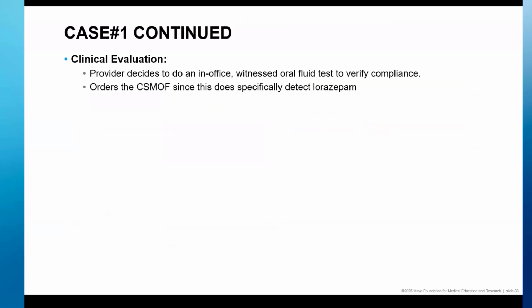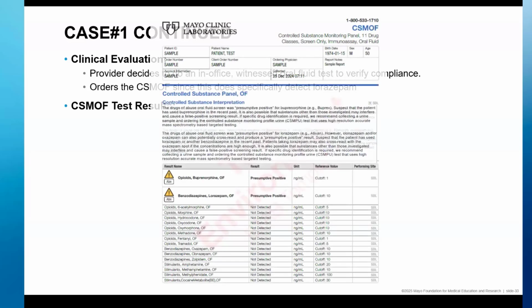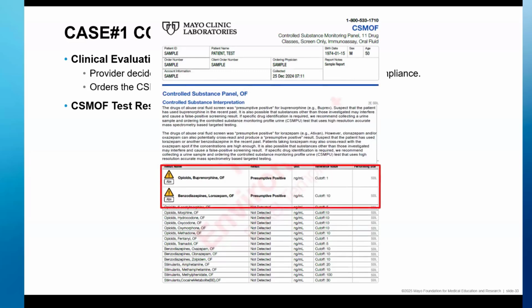But since we have the patient in our office now, right, we can do our witnessed oral fluid test to verify compliance. Because, as I showed you earlier, our controlled substance monitoring oral fluid test actually has a spot specifically for lorazepam. So in this case, the physician was able to collect and send to the laboratory the oral fluid result. Now, on that report that the physician would get back, you'll see under the opioid spot, the buprenorphine spot came back presumptive positive, and the lorazepam spot also came back presumptive positive.